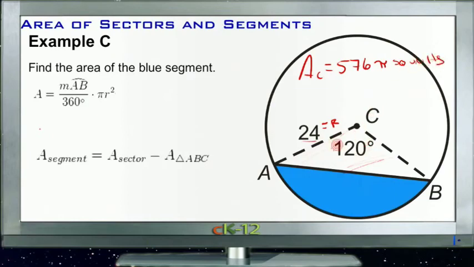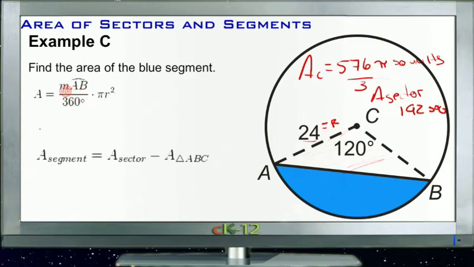Now, our sector down here is just 1/3 of that because it's only 120 degrees out of the 360 degrees. So if we divide our 576 by 3, then our area of our sector is going to be 192 square units.